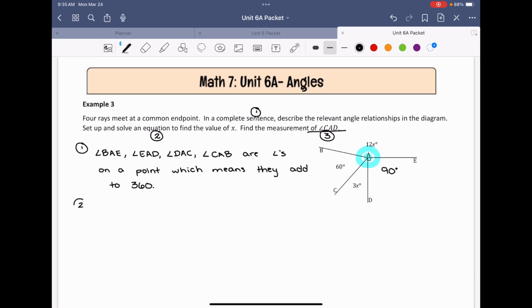From there, I'm going to create the equation. So 12x plus 90, and notice how I'm just going right in the circle when I write these. Don't jump around, because that means it's much easier to skip something or miss something or double something on accident if you jump around. So just go right in the circle, equals 360. I'm going to combine my like terms.